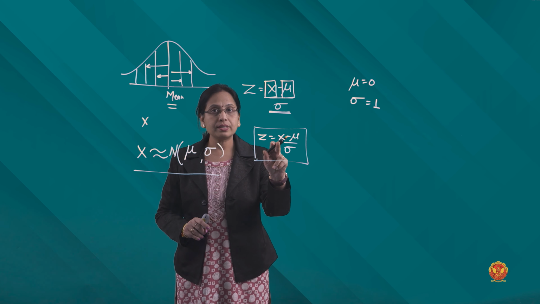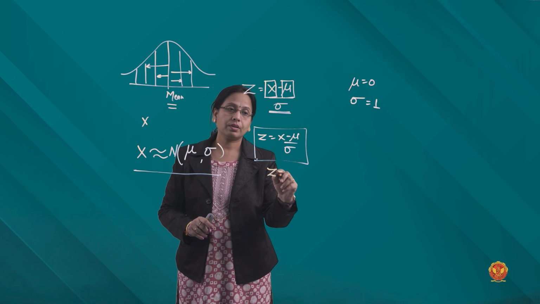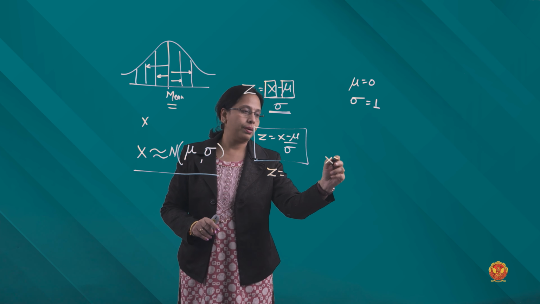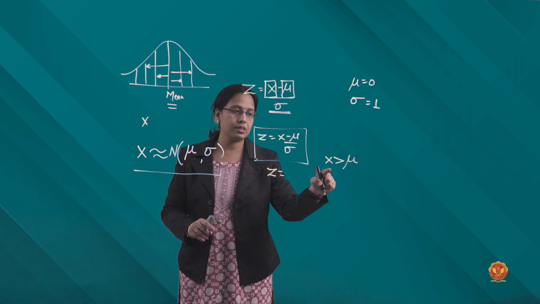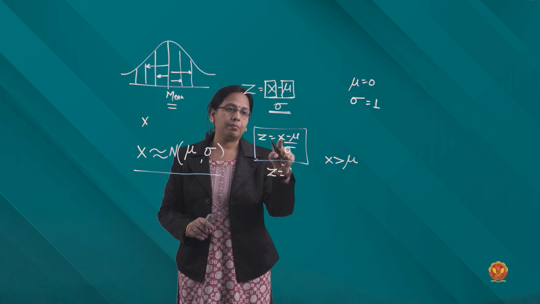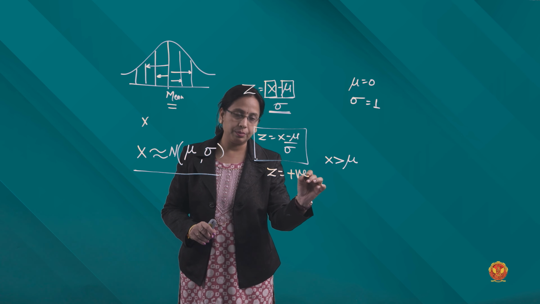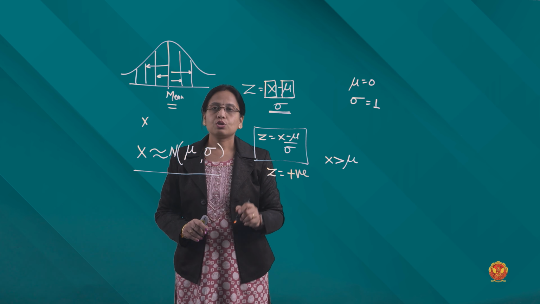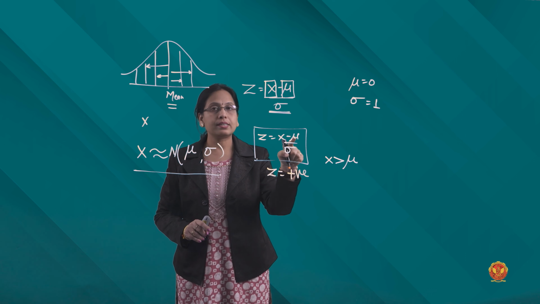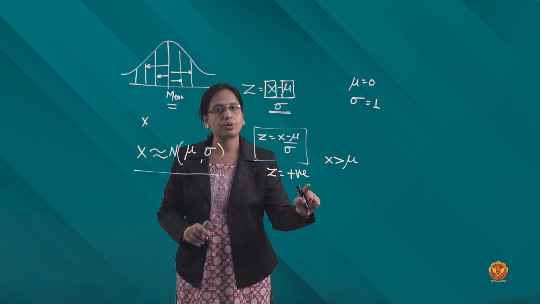For values of x that are larger than the mean, when x is greater than mu, obviously you do this calculation. This x value is bigger than mu, so what will come? Some value will come, but it will be positive. So a value of x that is larger than the mean will always have a positive z-score.